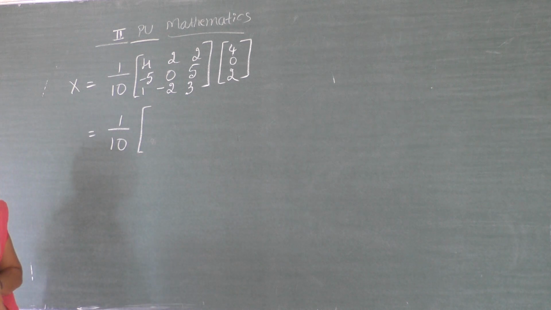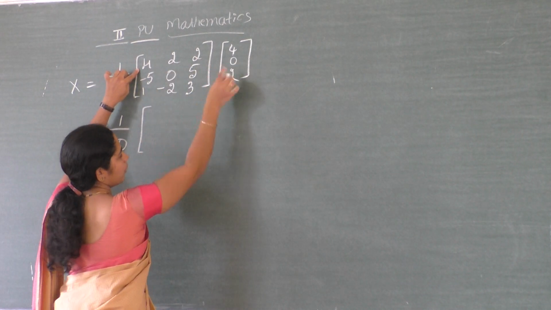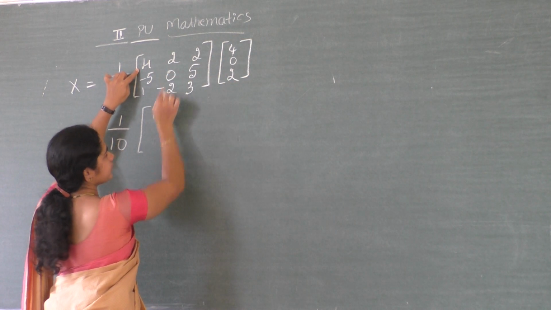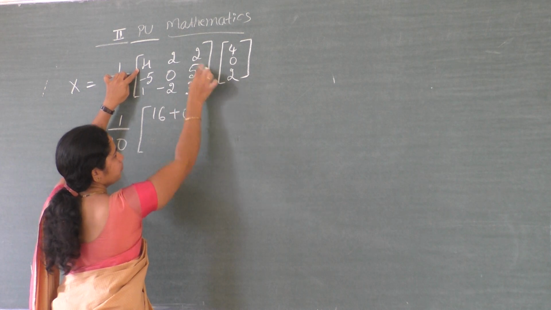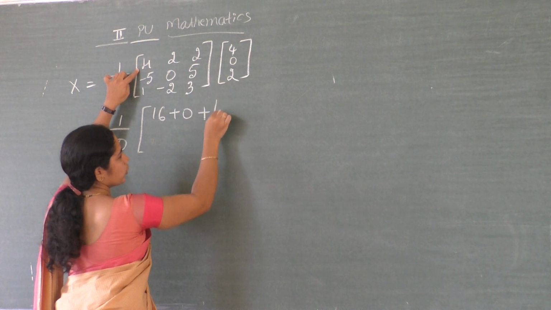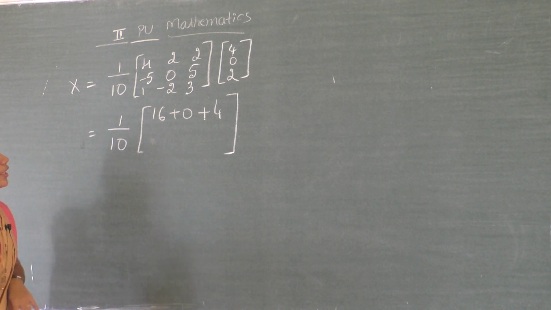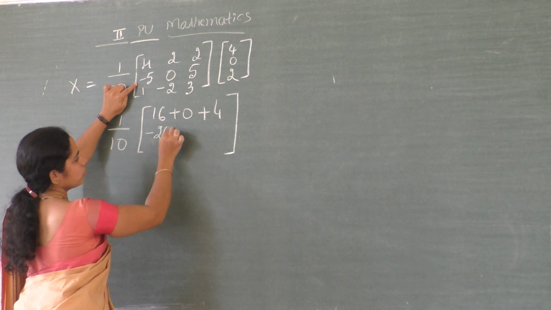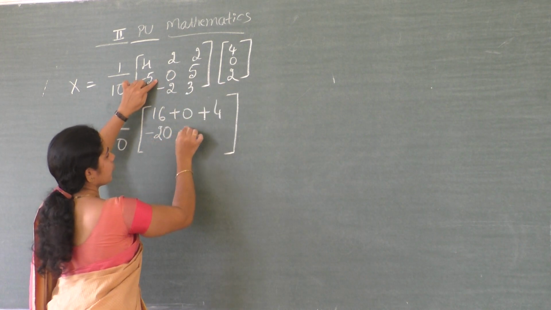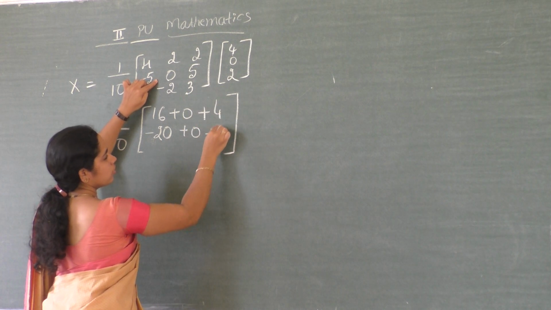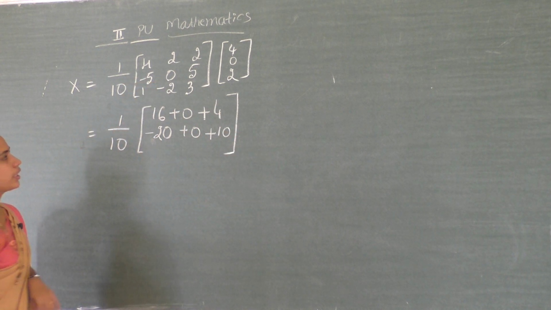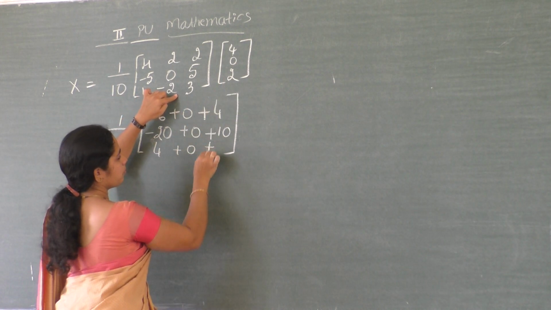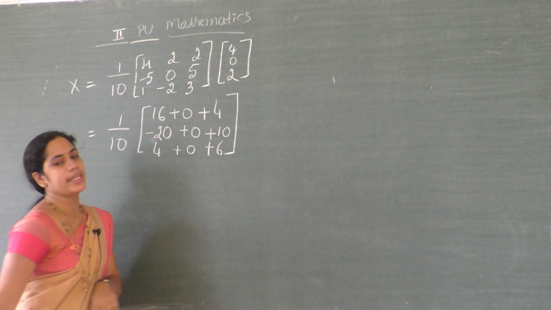Now 1 by 10 into, multiply here. First row, first column, 4 into 4, 16, 0, 2 into 2, that is 4. Multiply second row, minus 5 into 4, minus 20, plus 0, plus 10. Third row, 4 plus 0 plus 3 into 2 is 6.